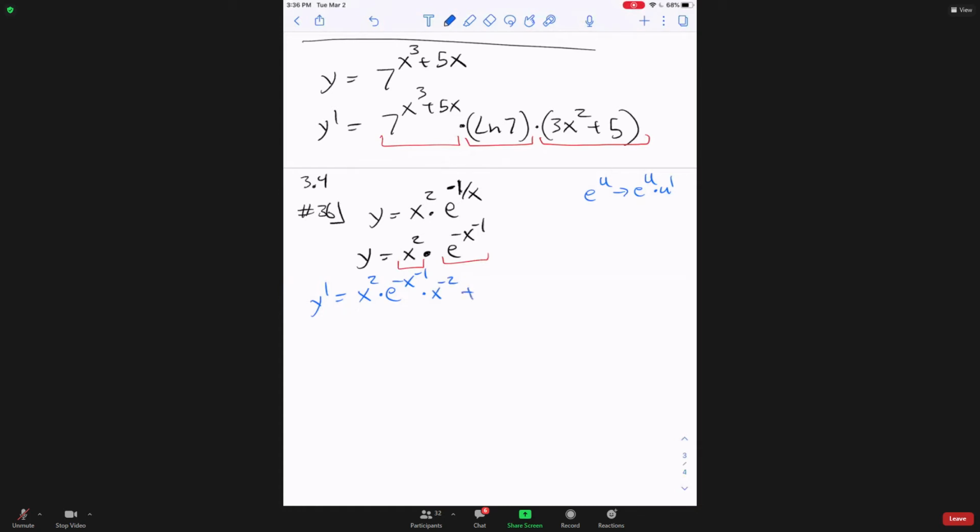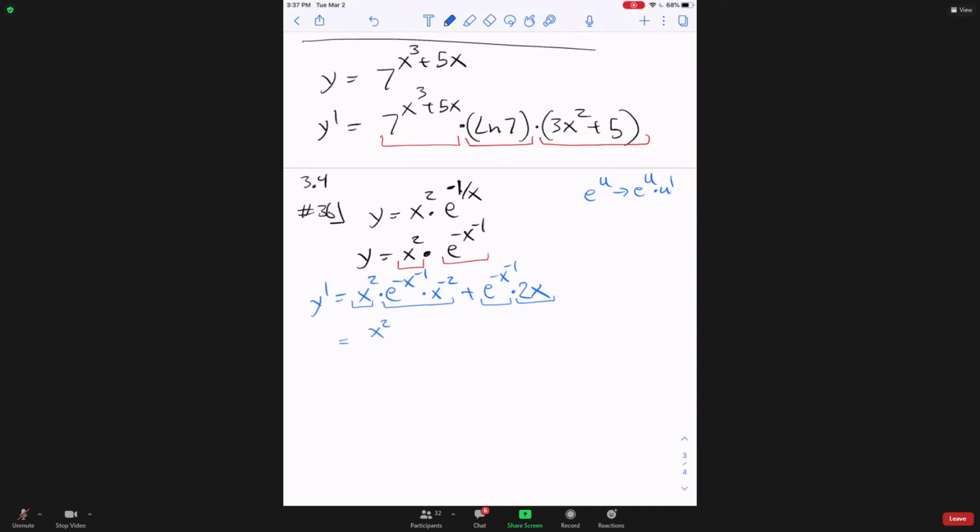Plus, we're still using the product rule, so that's first times the derivative of second plus second times the derivative of the first. What's the derivative of x squared? 2x. All right, and that's pretty much it. Now this does simplify very nicely actually, because it's a problem from the book.